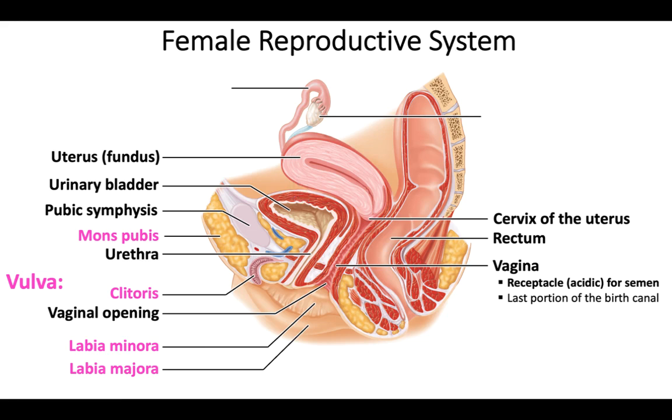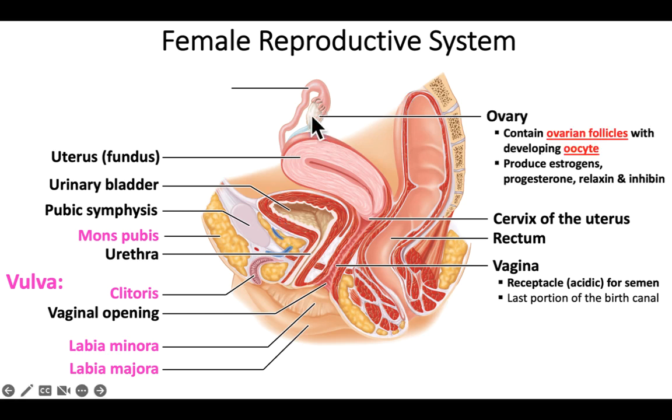But you'll notice the position of the uterus is what's known as anteflexion. So it's kind of got this anterior curvature to it, and it lies on top or superior to the urinary bladder.